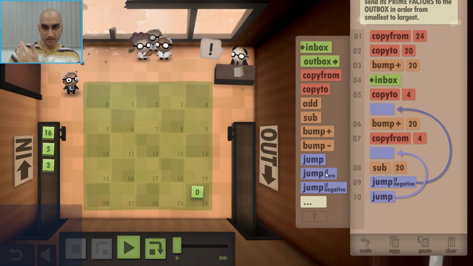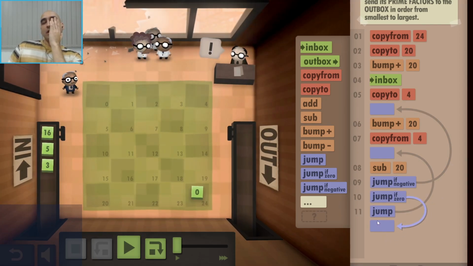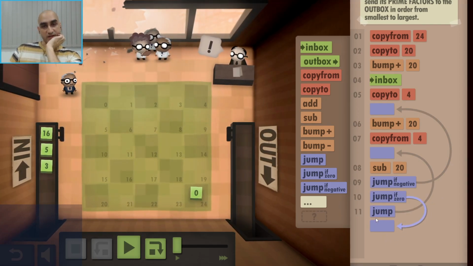Now, the other case is if it's equal to 0, that means we've got a prime factor.